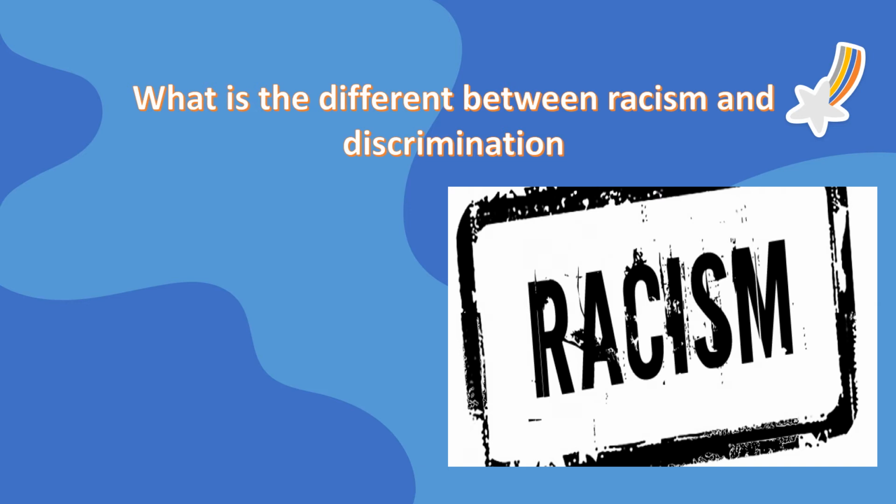Racism can lead to discrimination or prejudice based on race, but discrimination can be caused by racism. And the last one, racism leads to discrimination and prejudice, but discrimination leads to rejection and exclusion of certain groups of people.